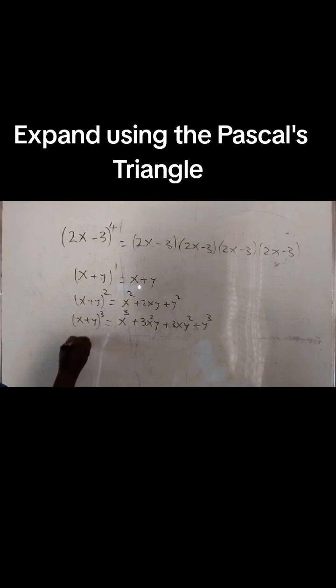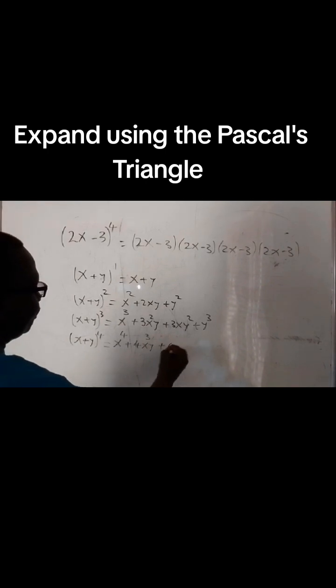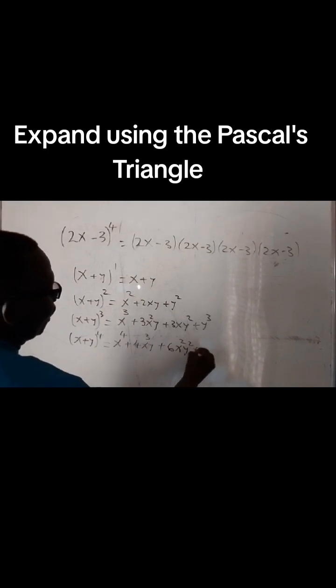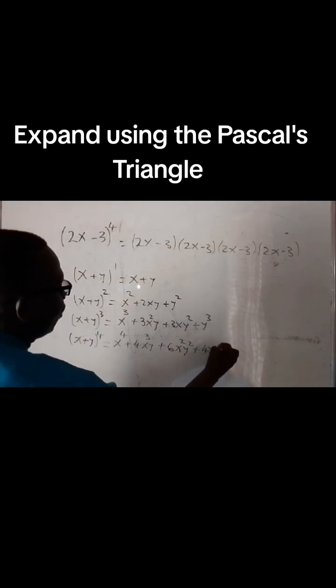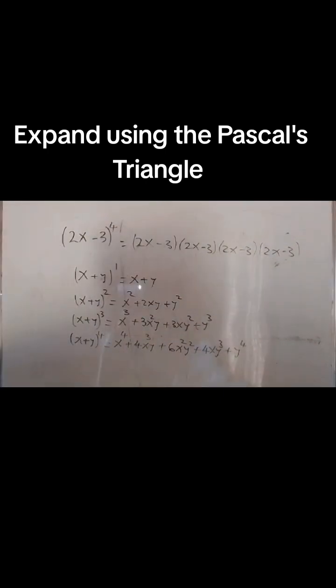If you have x plus y raised to the power 4, then you have x to the power 4 plus 4x cubed y plus 6x squared y squared plus 4xy cubed plus y to the power 4.